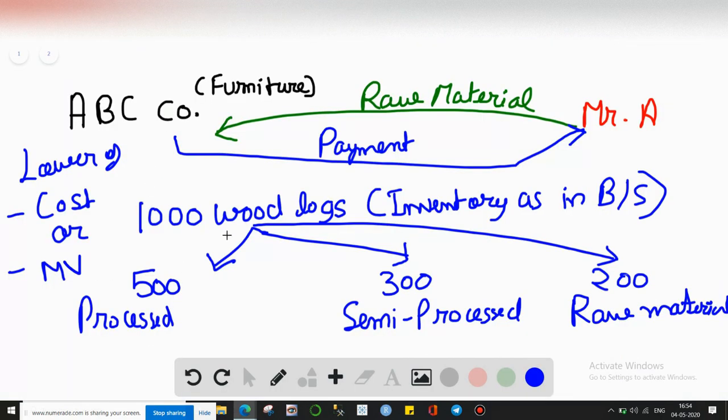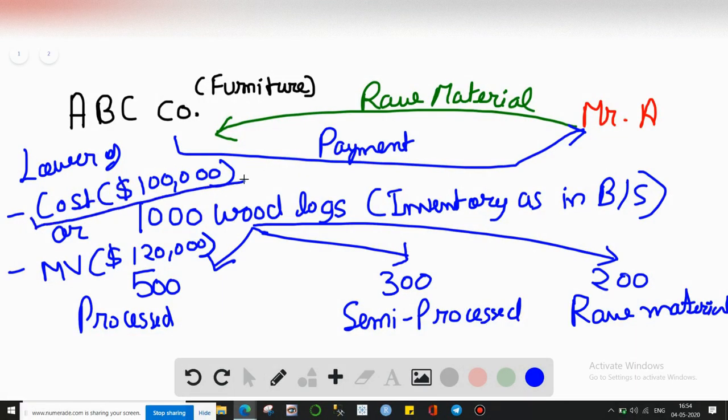Let's say suppose the cost of thousand wood logs is $100,000, whereas the market price of such wood logs is $120,000. So the cost of such wood logs will be shown as inventory cost in the balance sheet. That is what the conservative concept says.